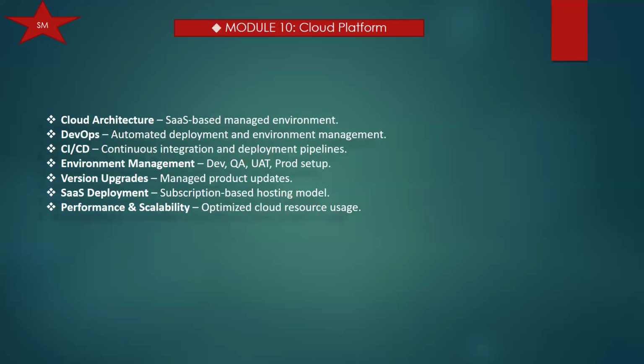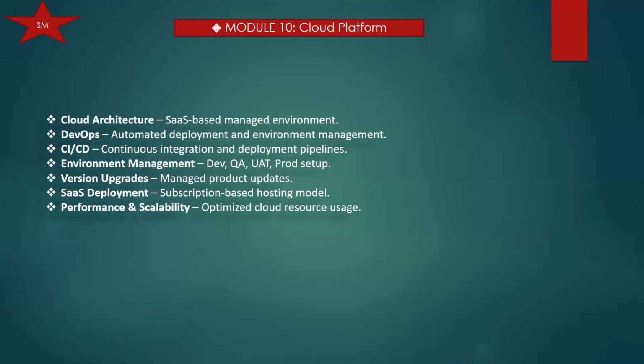module, the cloud platform. These are the features listed here. Let me explain one. Cloud architecture is basically a SaaS-based managed environment. SaaS means software as a service, an environment provided in the cloud architecture.